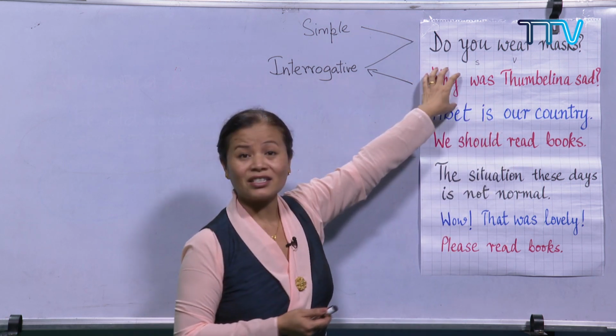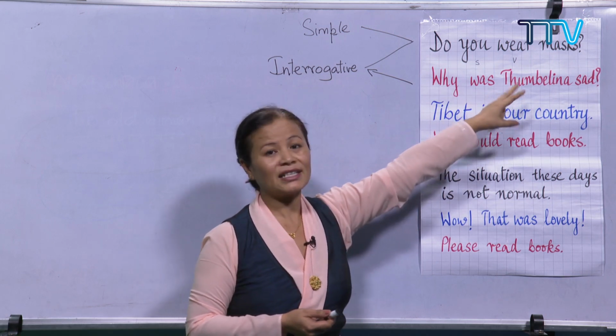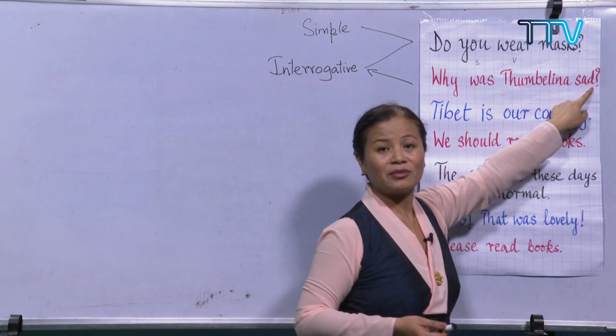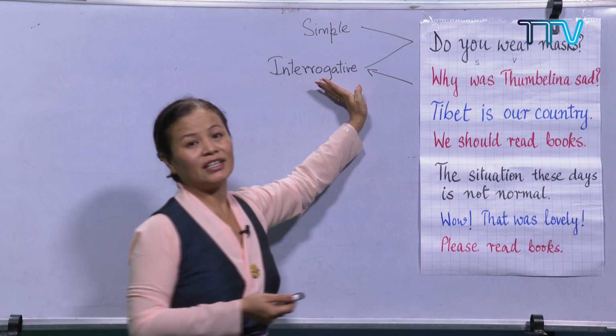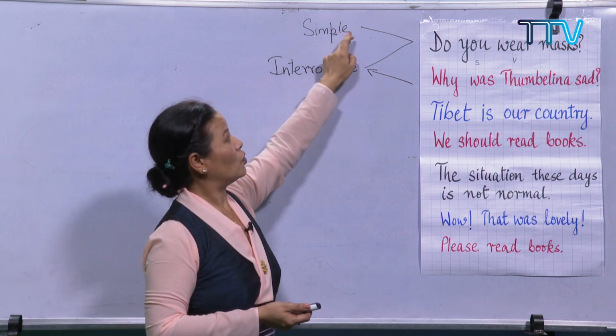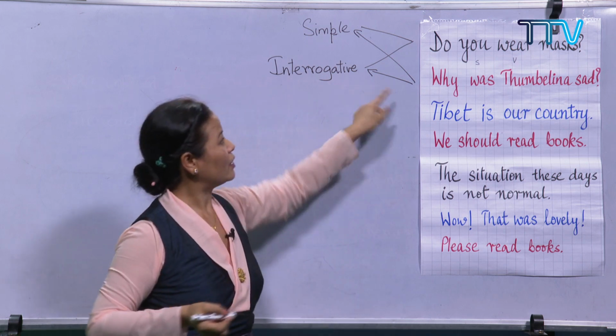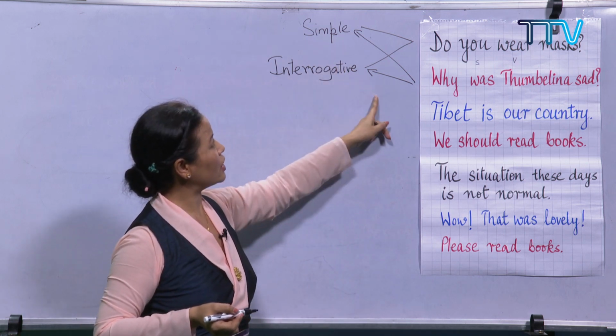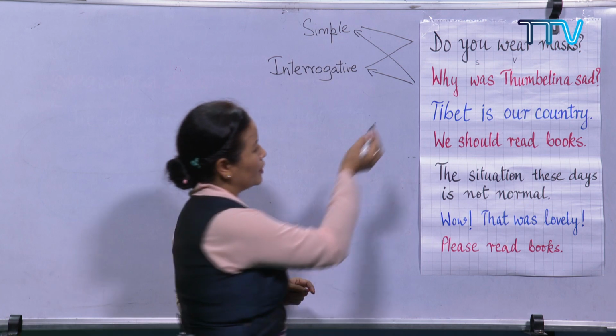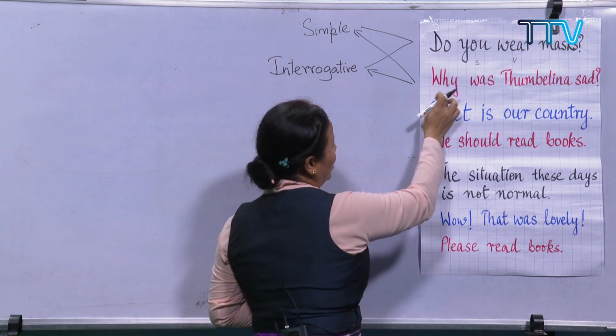So, this is a question, right? This ends in a question mark, and this is an interrogative sentence. No wonder this is also a simple sentence. Why was Thumbelina sad? Interrogative, simple.